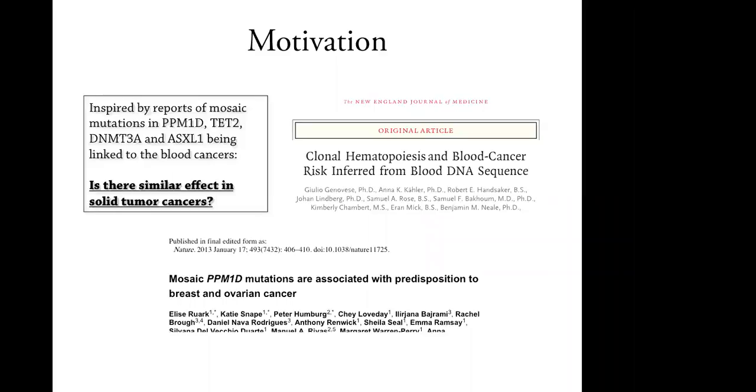So the original motivation for this study comes from the original study of such clonal expansion events and clonal hematopoiesis in leukemia and other blood cancers performed by Giulio Genovese, who is also a co-author on the paper that I'm presenting, and he's actually working here with us at the Stanley Center.